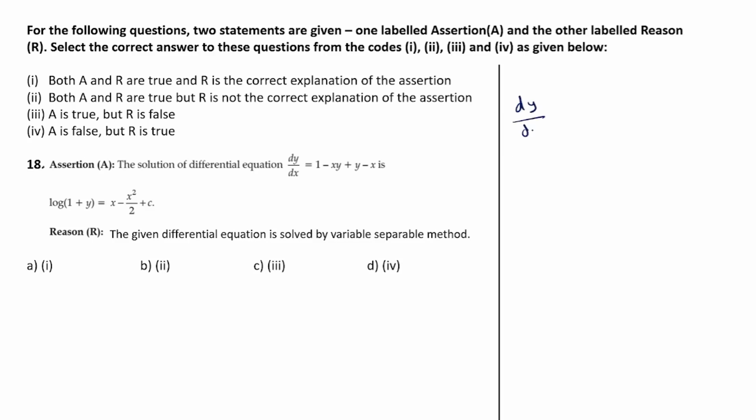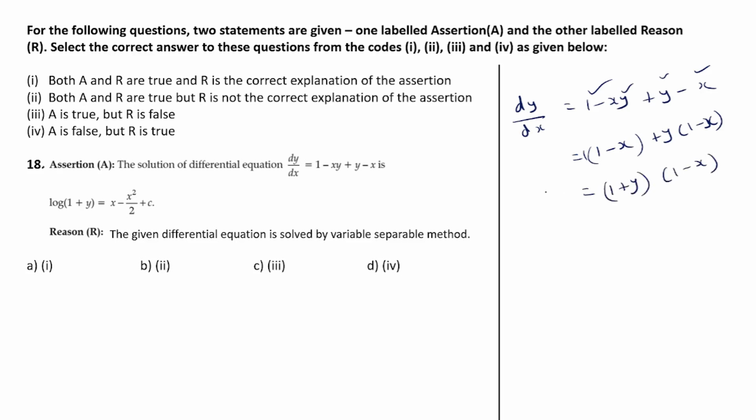They have given dy by dx equal to 1 minus xy plus y minus x. Let us collect these two terms together. So it is 1 minus x, and these two terms together plus y into 1 minus x. So this is 1 into 1 minus x plus y into 1 minus x, which is 1 plus y into 1 minus x.